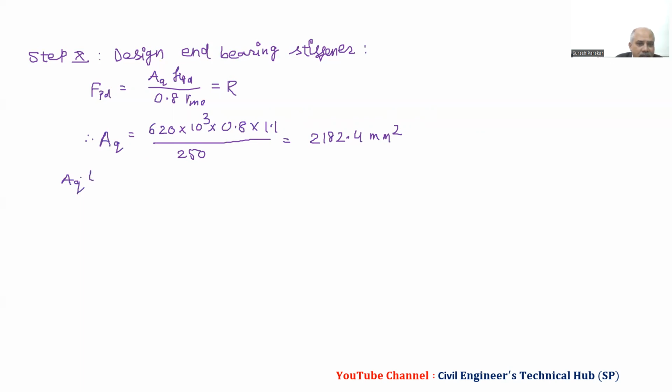Now we have Aq into tq. Aq is equal to 2 into bq into tq. We are going to assume bq as 10 tq, same as in the case of vertical stiffeners, and that is equal to 2182.4.